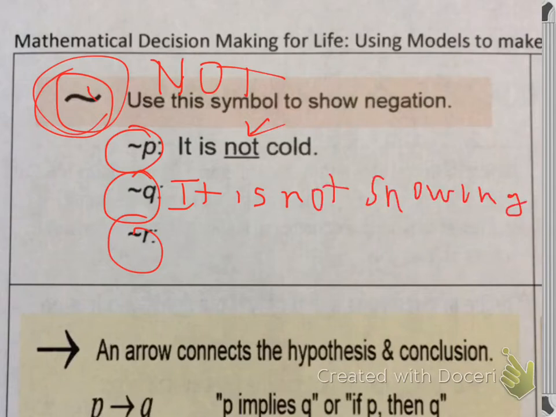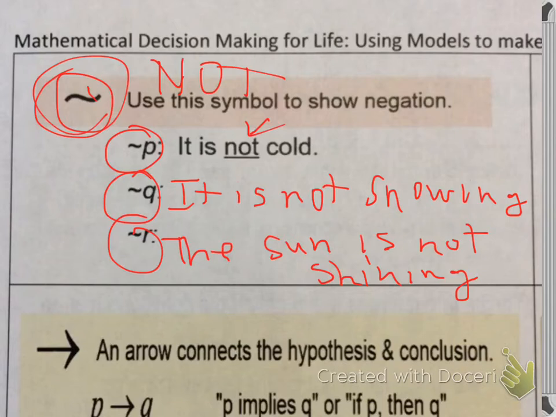And the statement for R is the sun is shining, so we say the sun is not shining. That was hard for me to say. That is how we negate, or do the nots on, our statements.